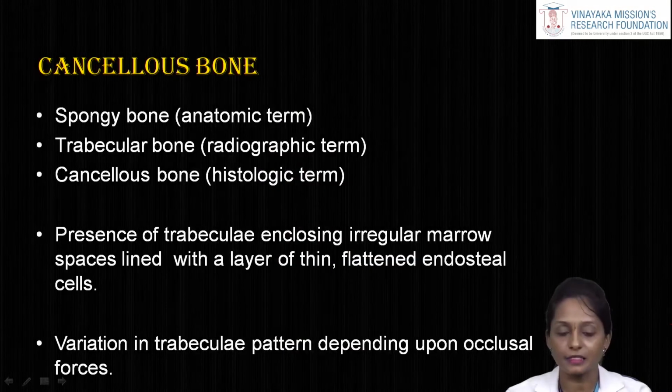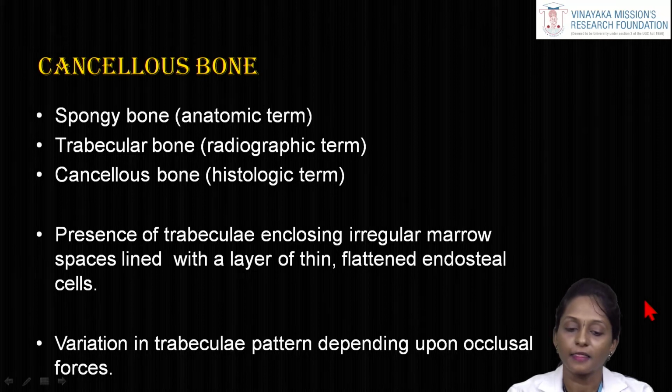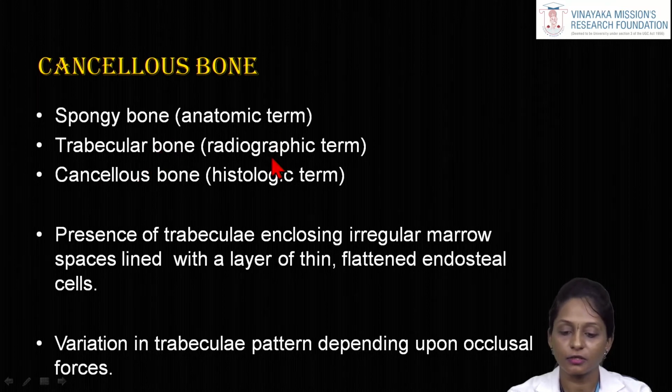Moving on to the cancellous bone, it has three terminologies. It is also called spongy bone, which is the anatomic term of cancellous bone, and trabecular bone, which is a radiographic term, and cancellous bone itself is a histologic term.